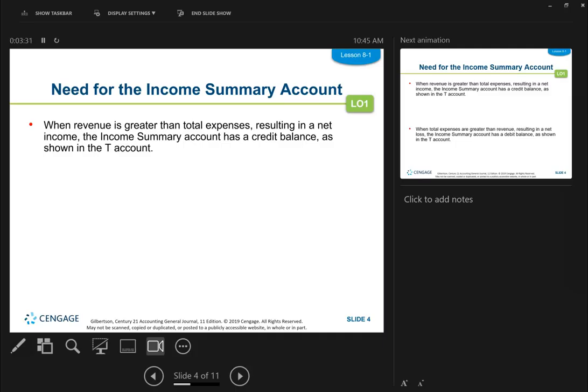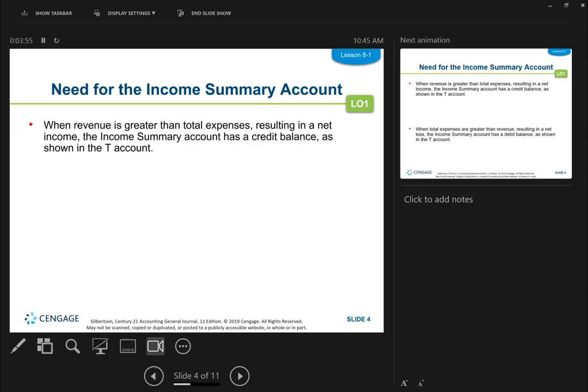So again, remember that when revenue, the money coming in, is greater than the total expenses, the money going out, what we have is a net profit or net income. So on the income summary, that's going to be a credit balance. Remember we have that income summary report that we generated last section.